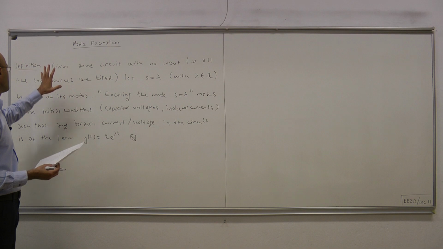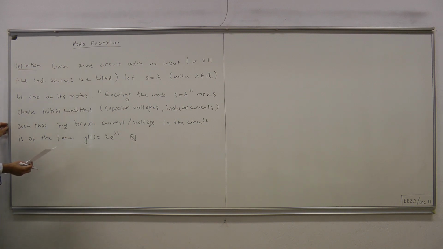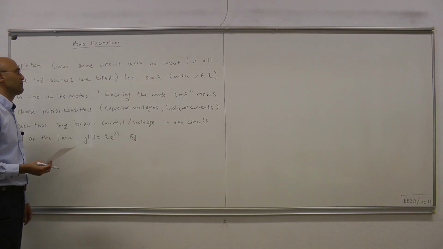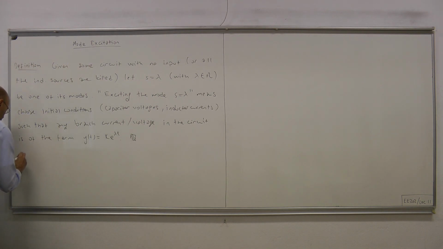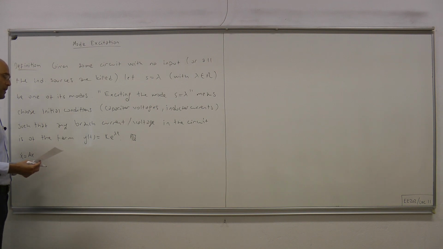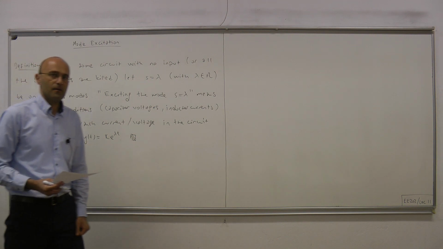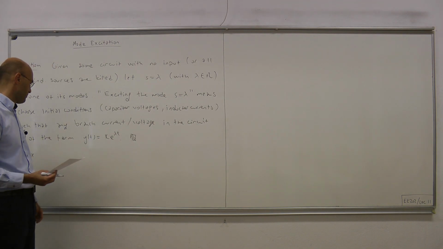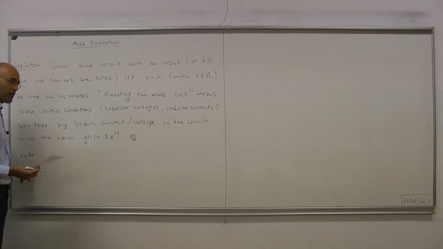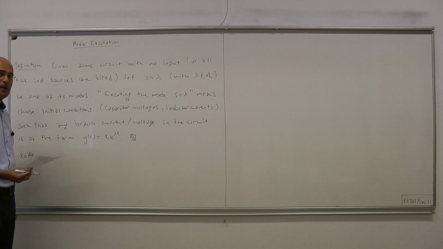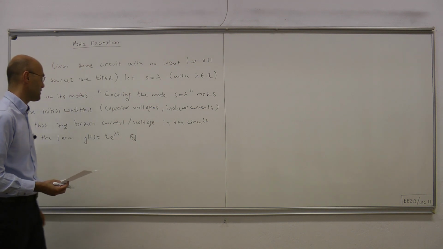Once again, let's consider this definition. Suppose that you have an LTI circuit and you have no inputs in the circuit. So we're talking about, let's say, x dot equals Ax, because we have no input. And x, the state vector, consists of the capacitor voltages and inductor currents. Now, the natural frequencies of the circuit are the eigenvalues of the A matrix.